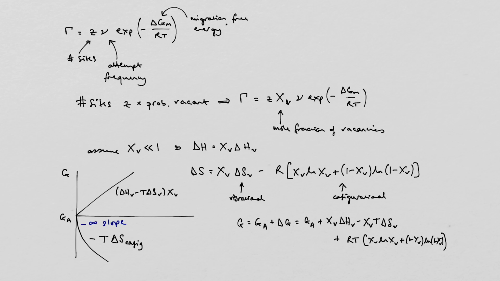And here you see that's going to happen again, and it's going to guarantee that there are always vacancies at any temperature above absolute zero. There have to be vacancies because entropy essentially demands that there are some. Okay.